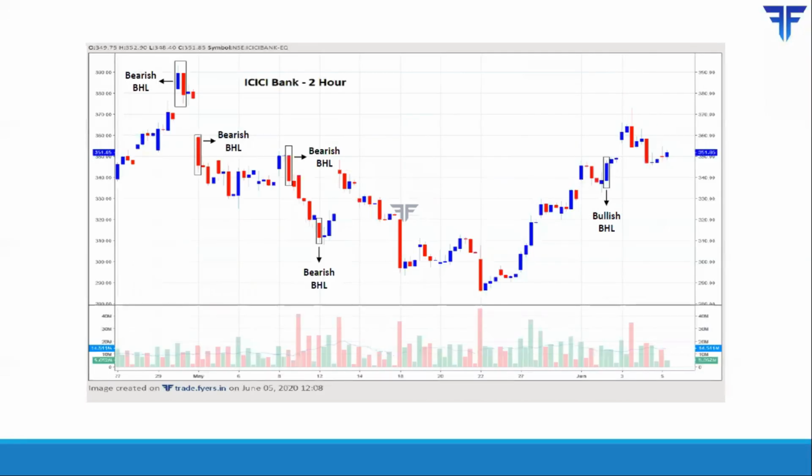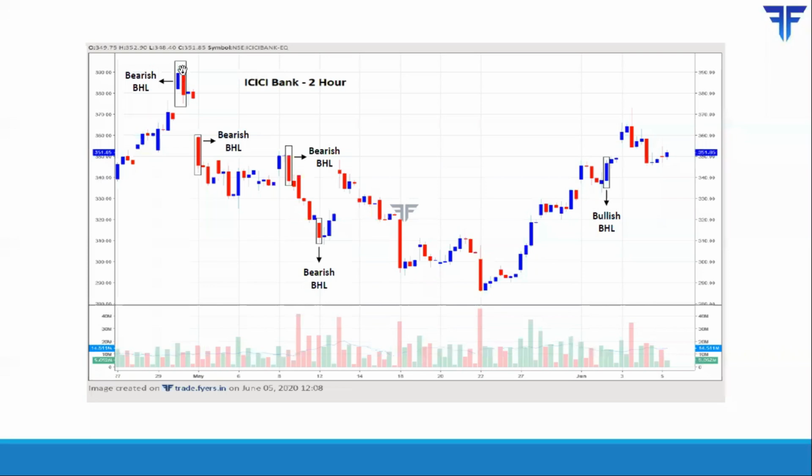Now, this is the 2 hourly chart of ICICI Bank. On the extreme left, as you can see, I've marked two candles over here. Now, the first of the two is a bullish belt hold line. As you can see, you have an opening that's near the low, and then you have a closing that is above the midpoint of the entire candle.